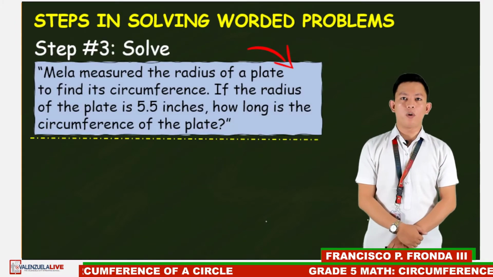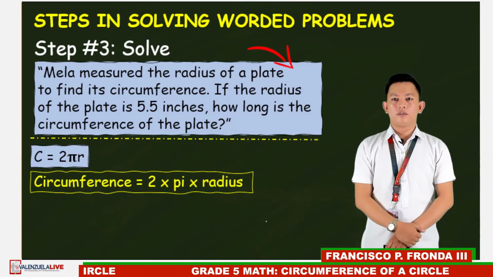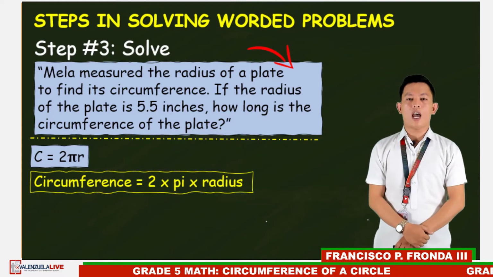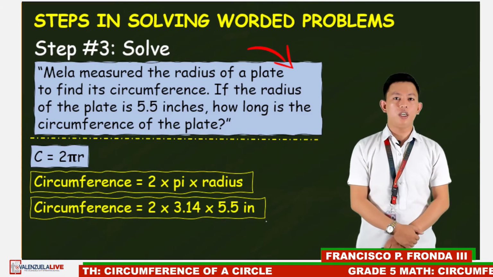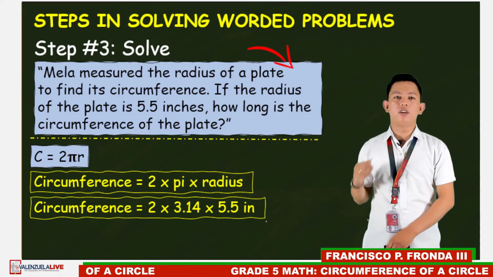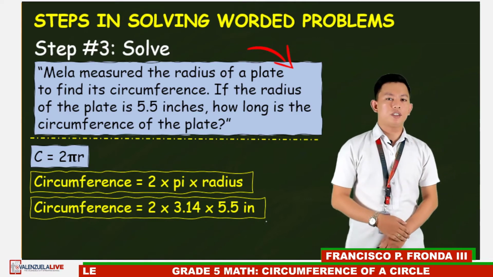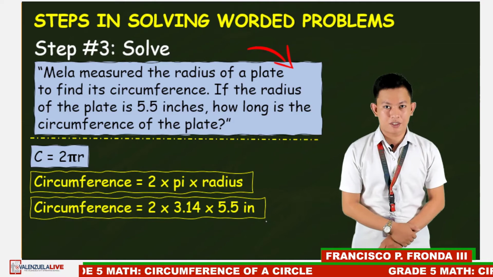Step 3 is you're going to solve. So, using the formula, circumference is equal to 2 times pi times the radius. So, let's substitute the given. We're going to have 2 times the value of pi, 3.14, times the value of the radius, 5.5 inches.